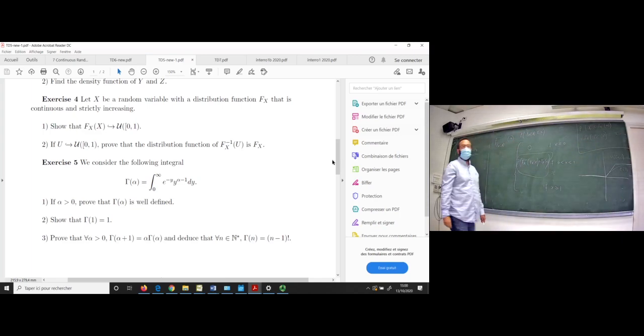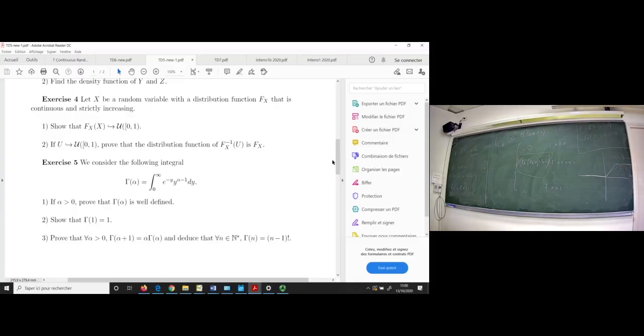And what I obtain at the end is that the distribution function of F_X(X) takes three possible values: 0 before 0, the identity between 0 and 1, and 1 after 1.